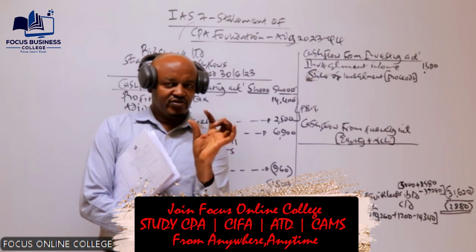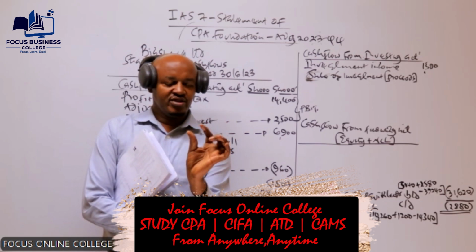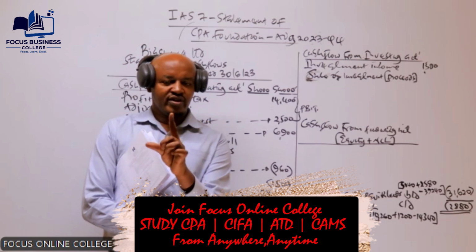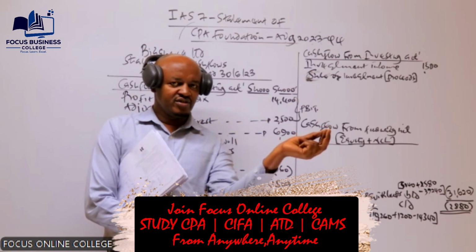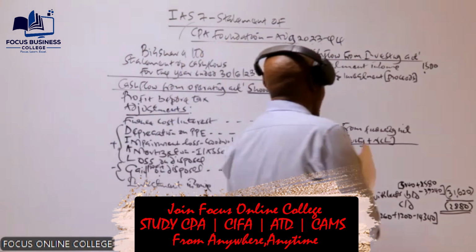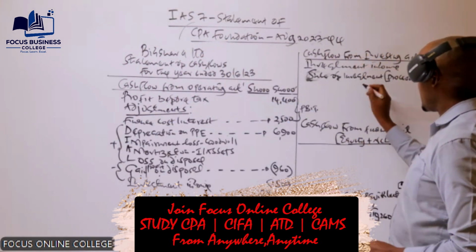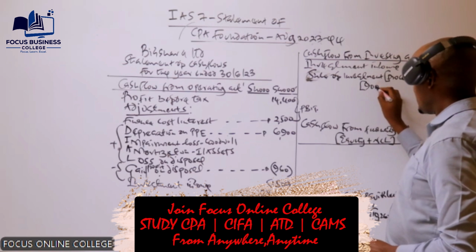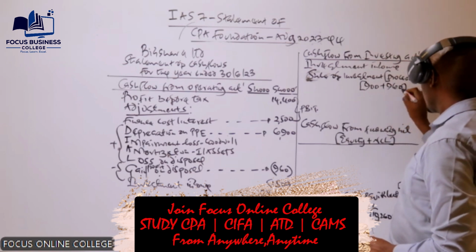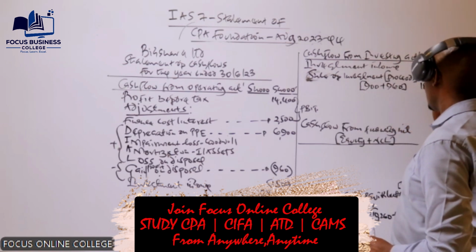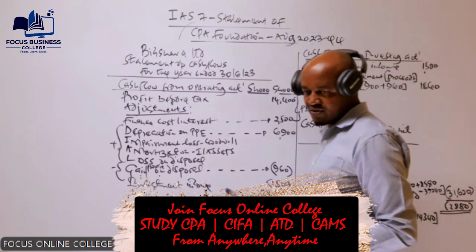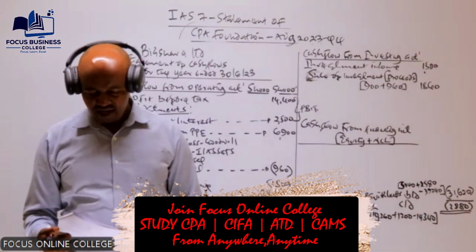Very simple. Automatically, you sell it at 3 million. The same concept you're using here. So this investment was sold at its value, 900, plus the profit. So this one was sold at 1860. That is a cash inflow because this is money received from the sale of the investment.